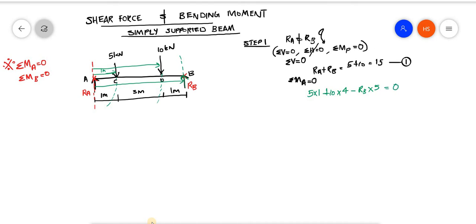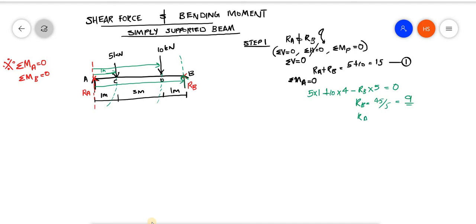By solving this, I will get 5 plus 40, that is 45. So RB is equal to 45 divided by 5, that is RB is equal to 9.